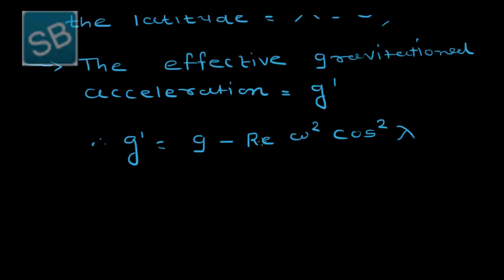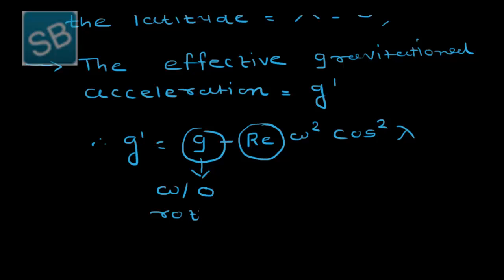Here RE is the radius of the Earth and g is the gravitational acceleration at the Earth's surface, the value without considering the rotation. Why? Because at the equator the value of lambda is 0.